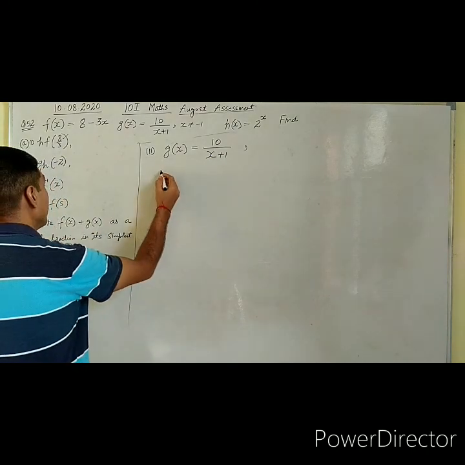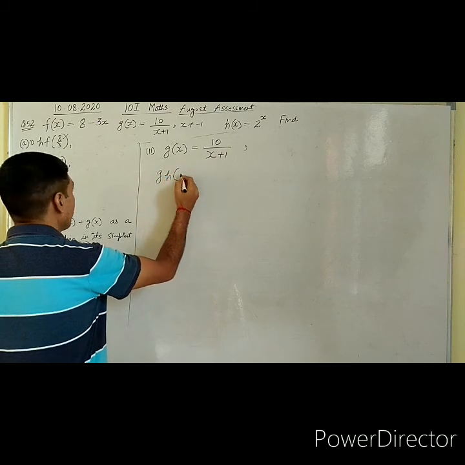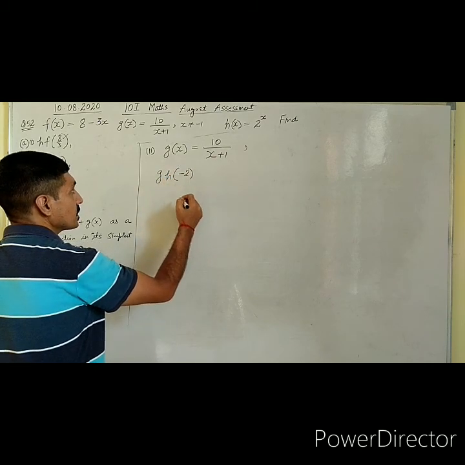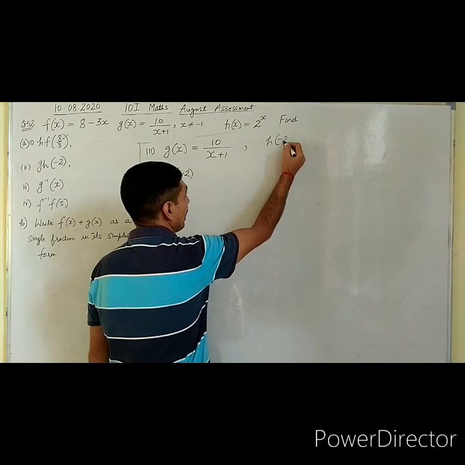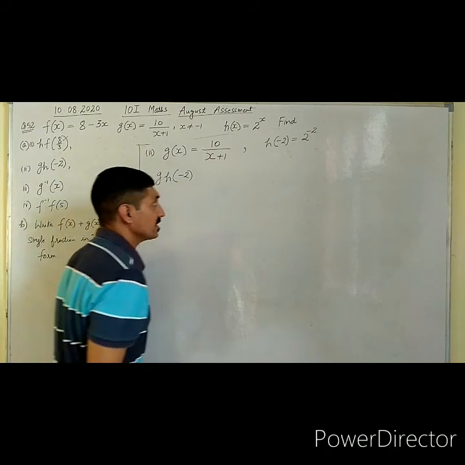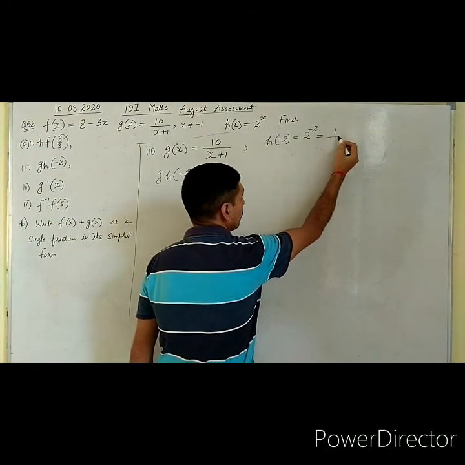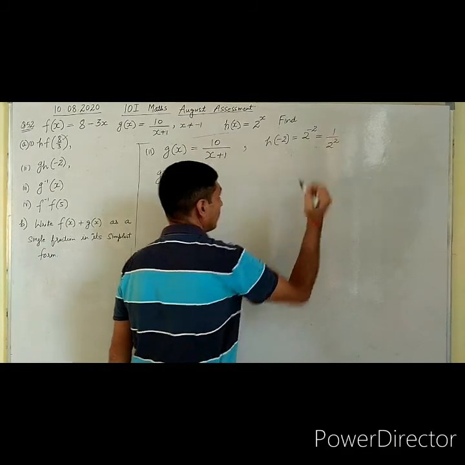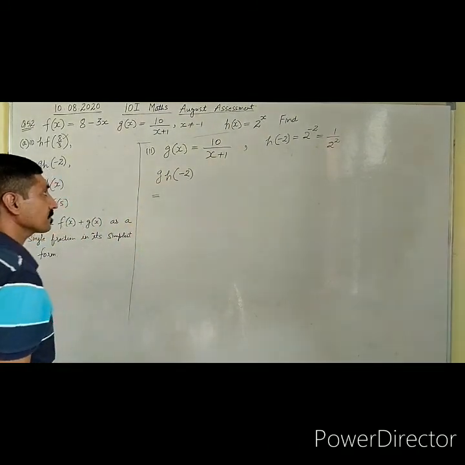So h at minus 2 is 2 raised to power minus 2, that is 1 by 4, or it can be written as 1 by 2 raised to power 2, that is 1 by 4.